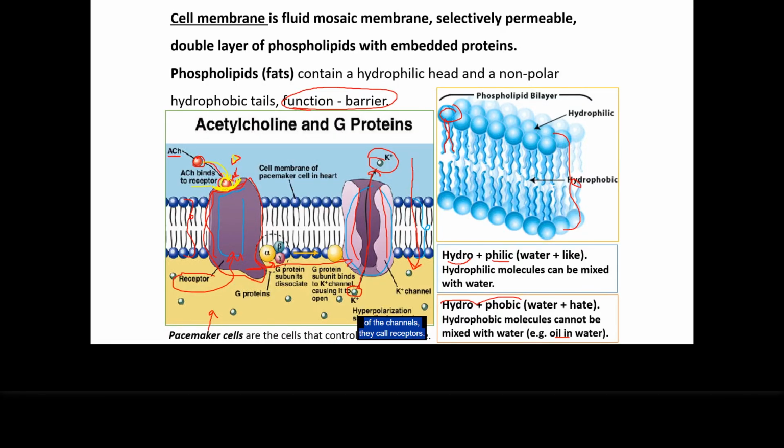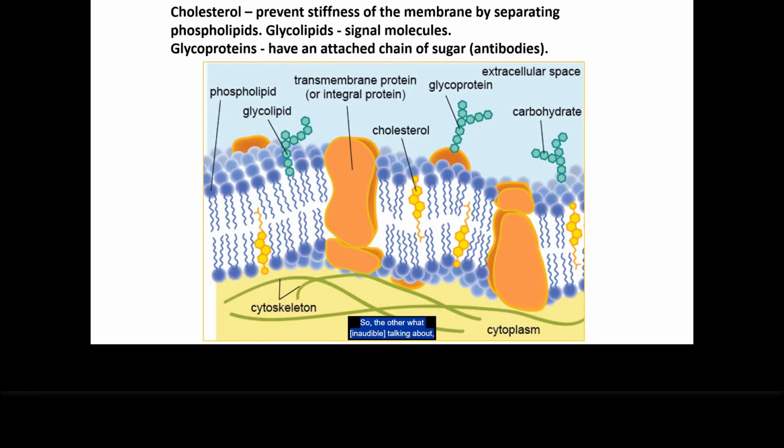They are called receptors. The other thing we already talked about is cholesterol molecules, which prevent stiffness of the membrane because they separate the hydrophobic tails of the phospholipids.